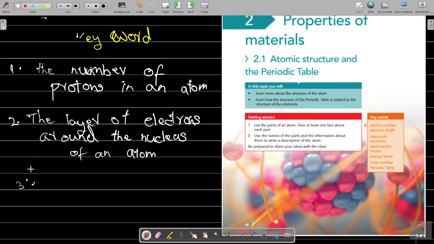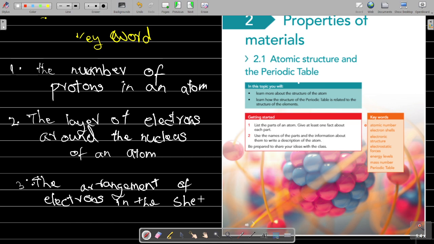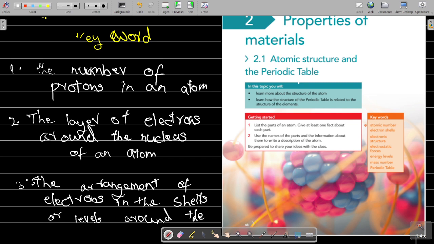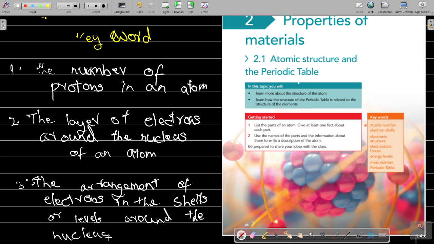So that means the arrangement of electrons in the shells or levels around the nucleus of an atom.